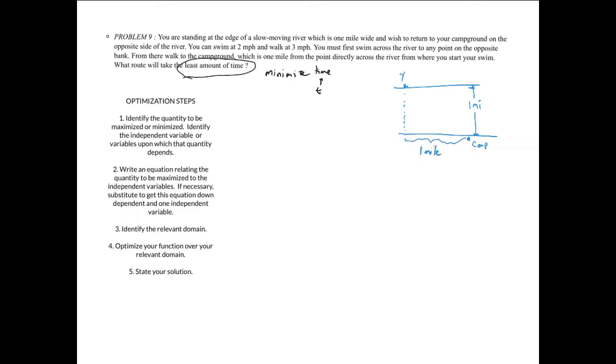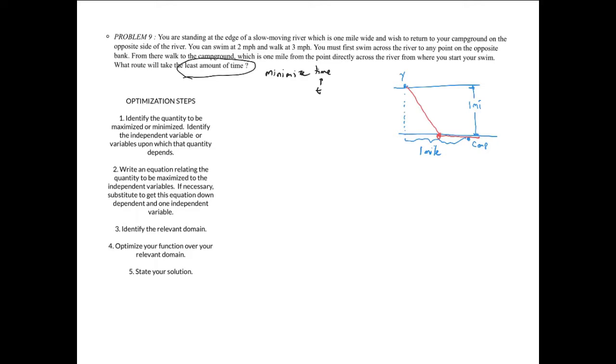All right, now you are swimming part of the way and you're walking the rest of the way. And we want to minimize time. So our path is going to involve some sort of swim across the river, like this. We're going to hit the shore, and then we're going to walk the rest of the way. So the problem says what route will take the least amount of time.